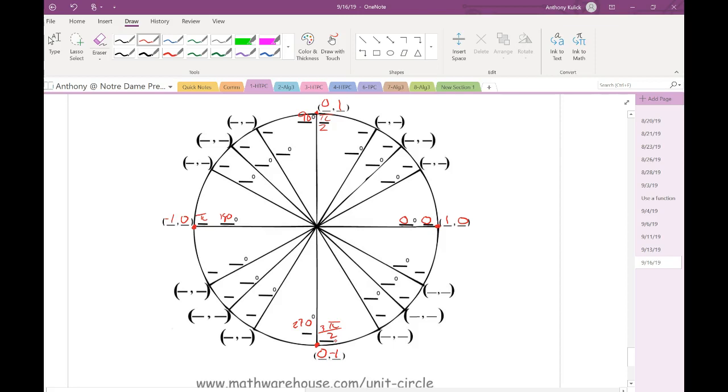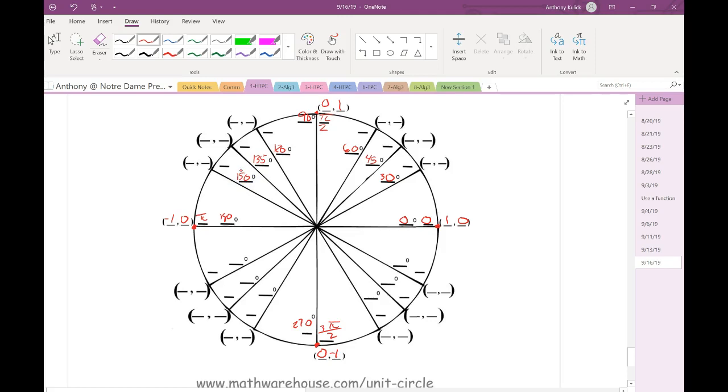So the angles that we can find out exactly are 30, 45, and 60, or their multiples thereof. The first one that happens is 30 degrees, and then 45 degrees, and then 60 degrees. Everybody's okay with that? What are the next ones? Then we go 120, 135, and 150.